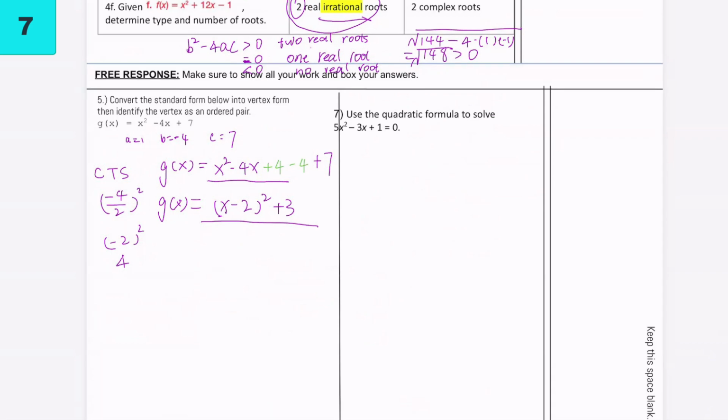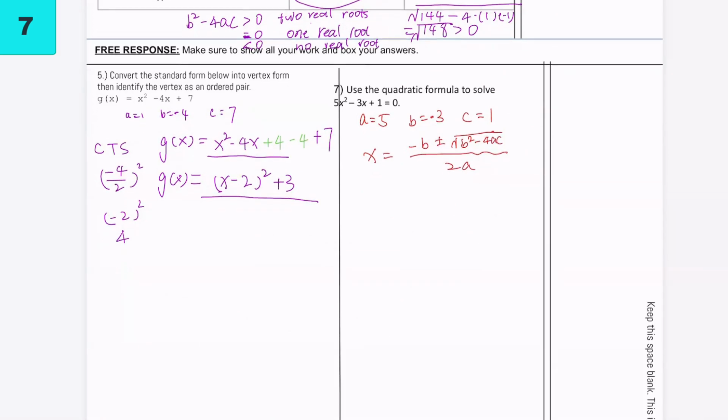When you use the quadratic formula, first thing is you write a, b, and c. a is 5, b is -3, c is 1. And then write down the quadratic formula. x is equal to minus b plus or minus the square root of b squared minus 4ac, over 2a. And you put those values into the formula.